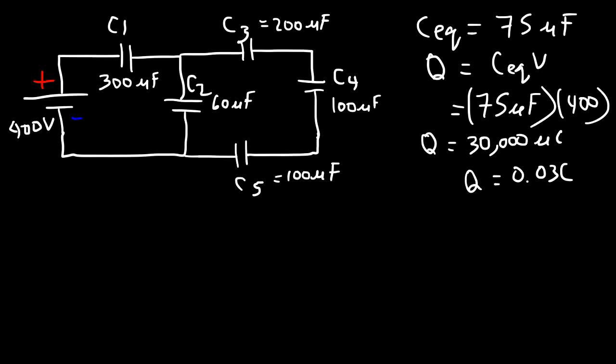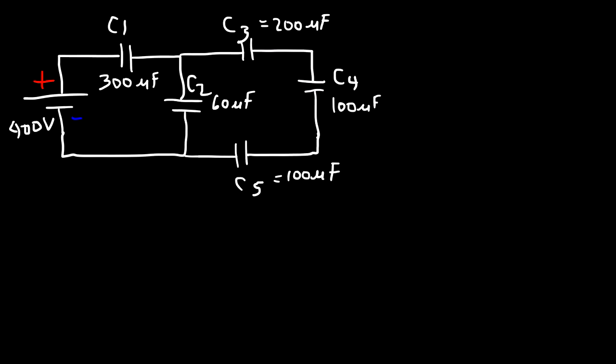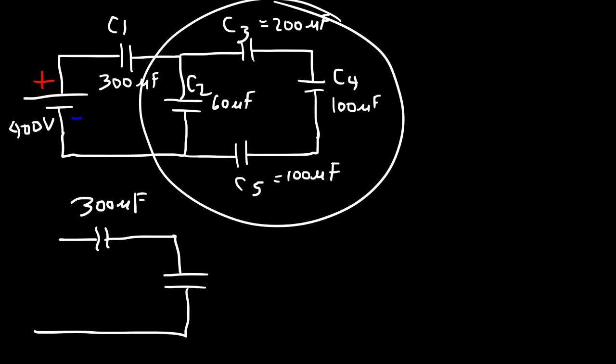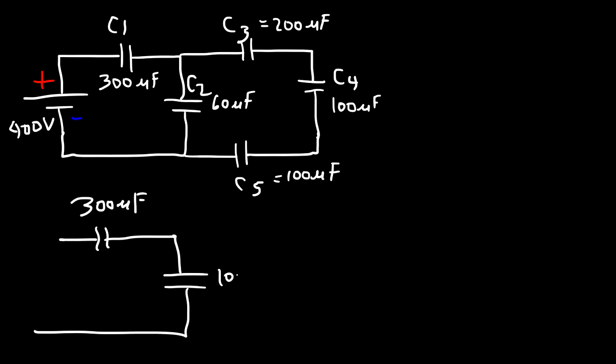But I prefer to keep it in microcoulombs because when I divide microcoulombs by microfarads, it's going to give me the unit in volts. So I don't have to change anything. I'm going to keep it as 30,000. Now let's work backwards. C1, which is 300 microfarads, was in series with the equivalent network of those 4 capacitors, which we found was 100.